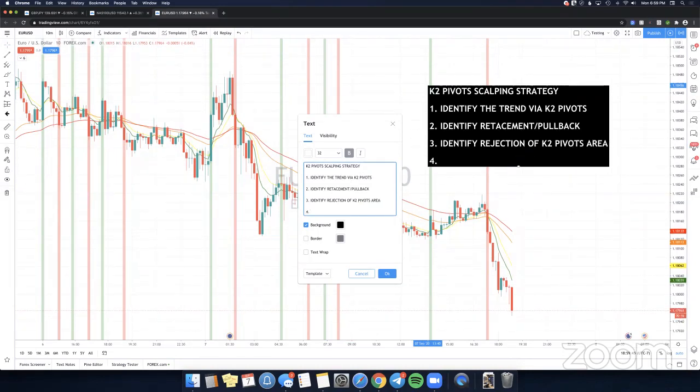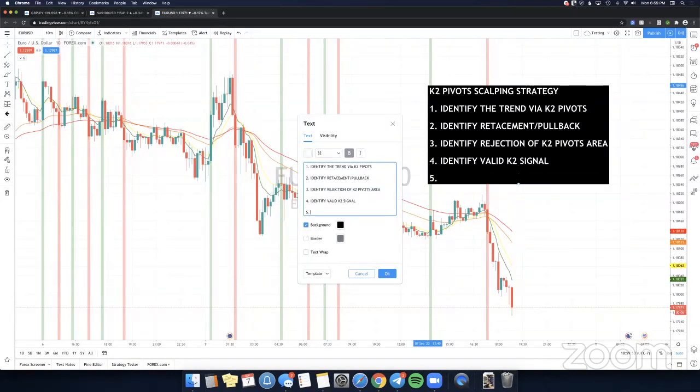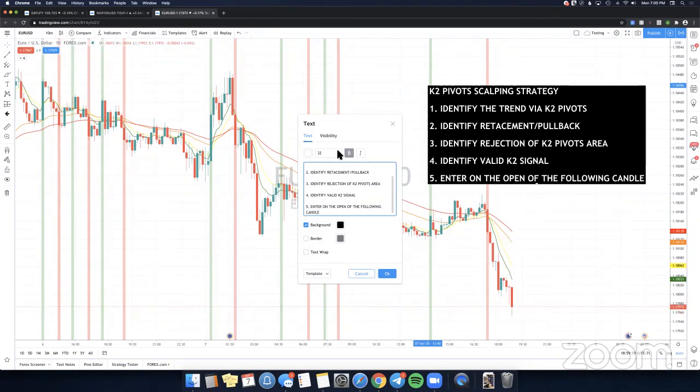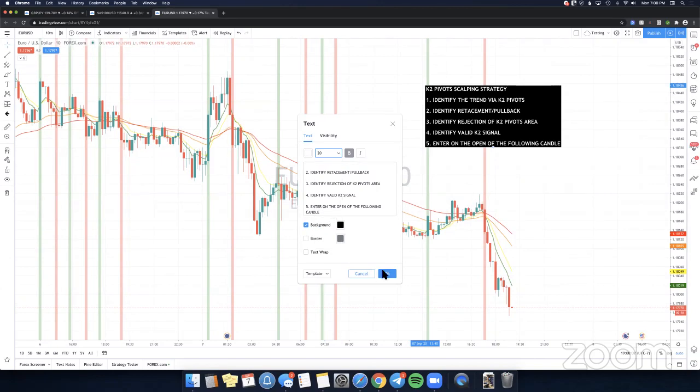And then lastly, identify a valid K2 signal. And then once those are all met, you can enter on the open of the following candle. So that's pretty much it.